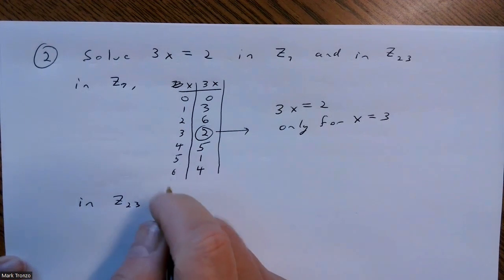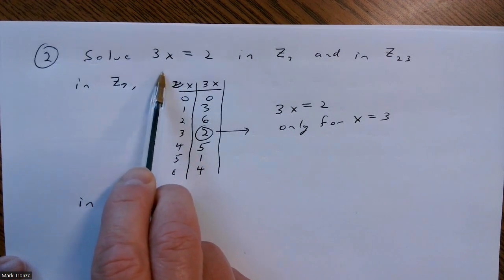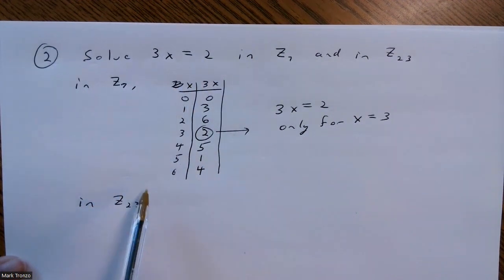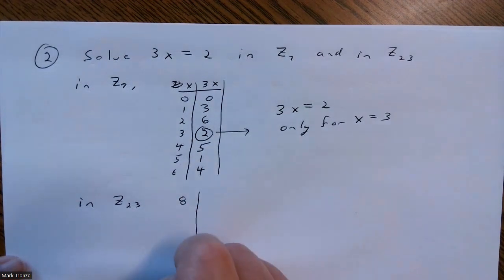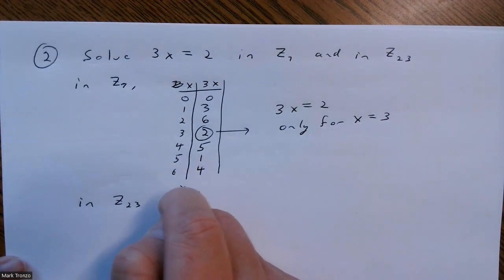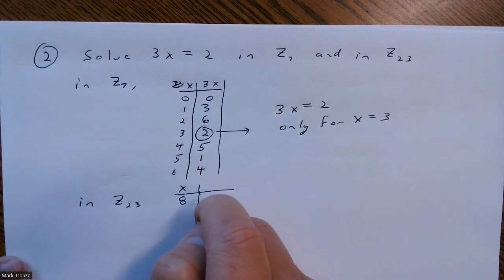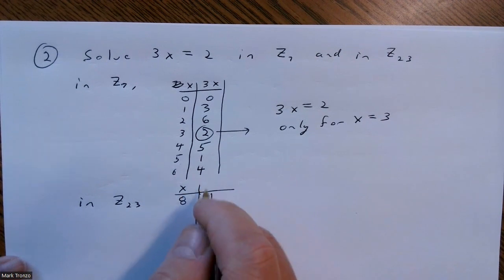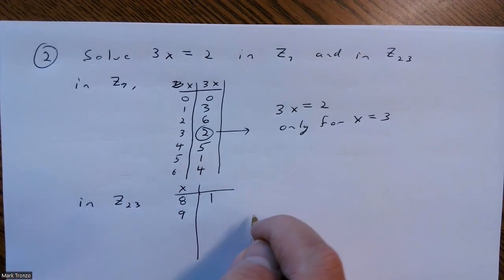So in other words, if we put 1, 2, 3, it'll just give us values greater than 2. And then once we get to 8 or above, like if we put 8 in, that's going to give us 24, which is 1. And 9 will give us 27, which is 4.